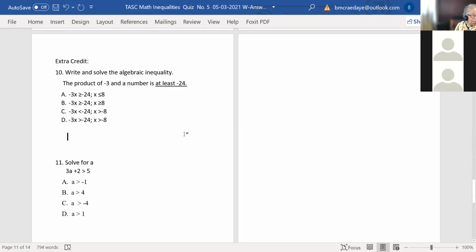That has to be a greater than or equal to, which means now you can eliminate C and D, because C is a less than and D is a greater than. At least means it has to be a greater than or equal to. Remember, I gave you some expressions and how they translate. So at least means greater than or equal to. So it has to be either A or B.